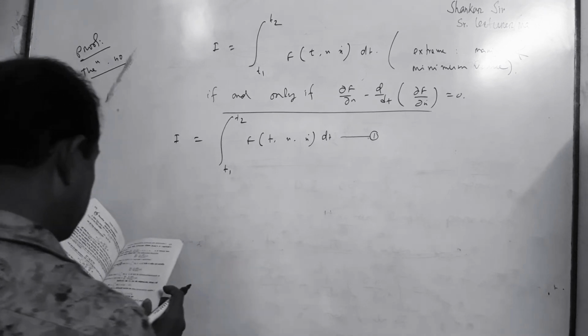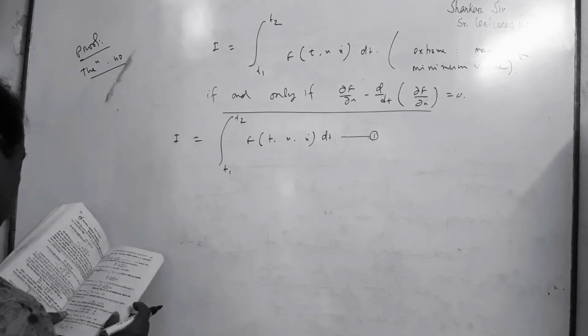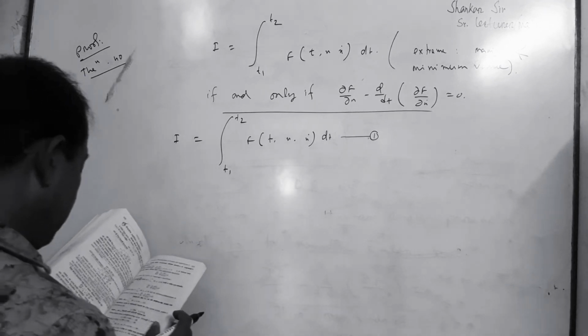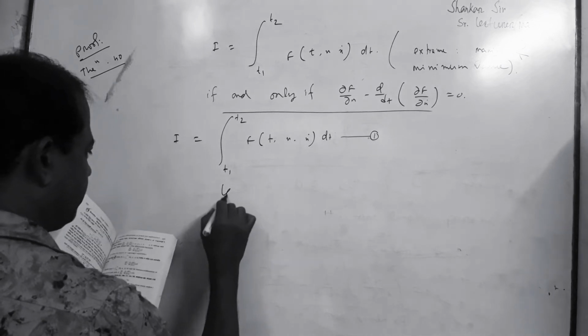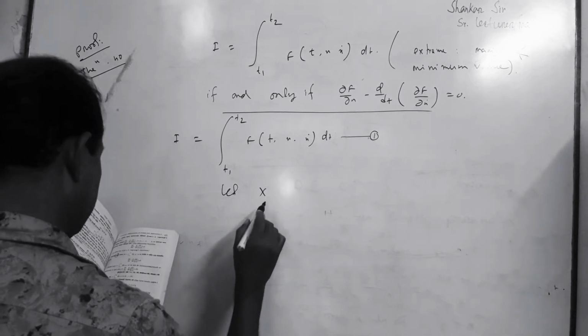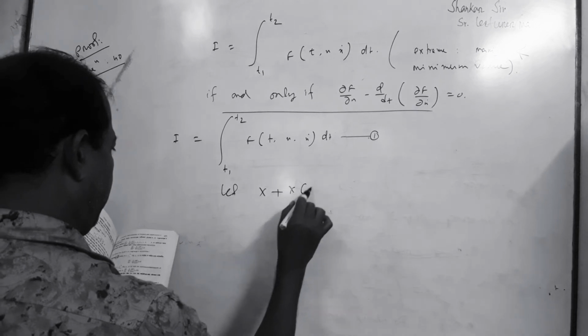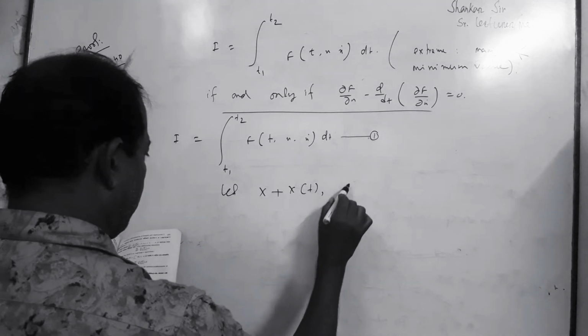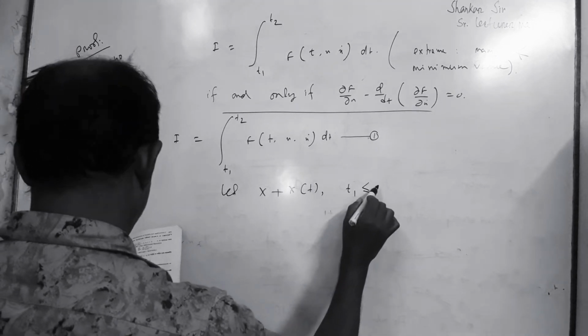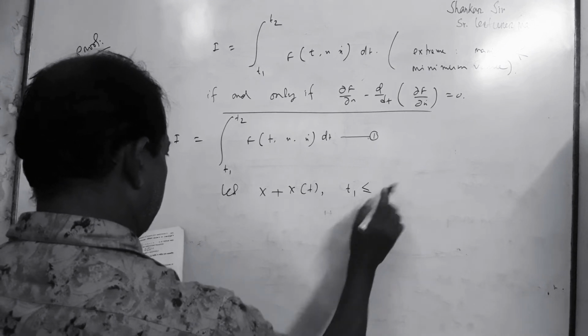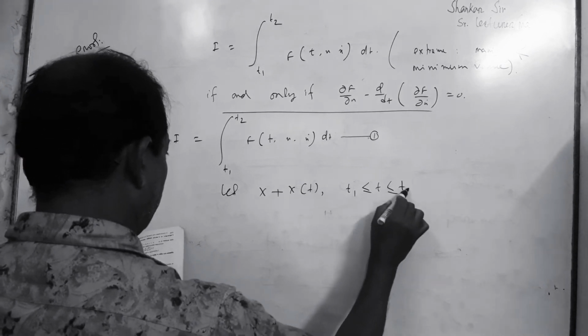The curve which makes I an extremum value, let x plus delta x of t, where t1 is less than t less than t2.